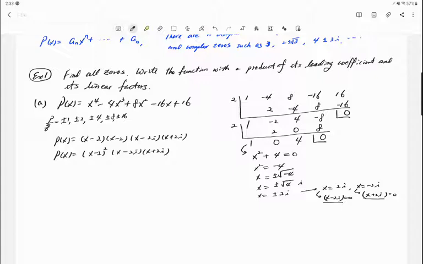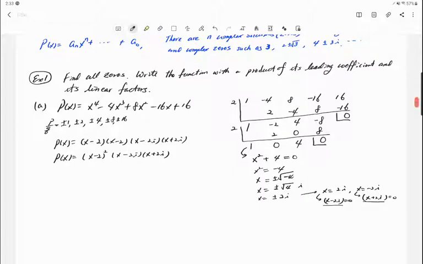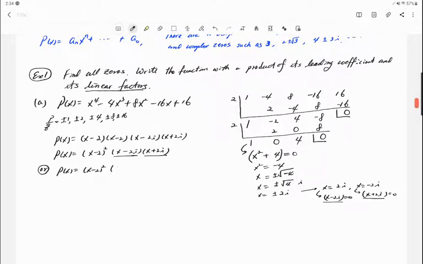You can simplify more, but this one says write in its linear factors, so I just want to keep linear factors. If it's not linear factors, then you can write it as x minus 2 squared and just write the other part as it is, x squared plus 4. That's still okay.